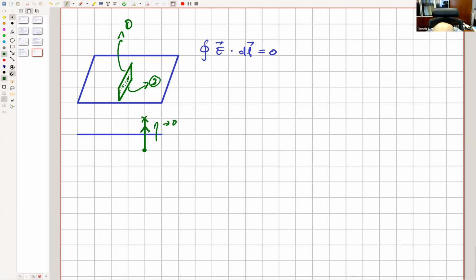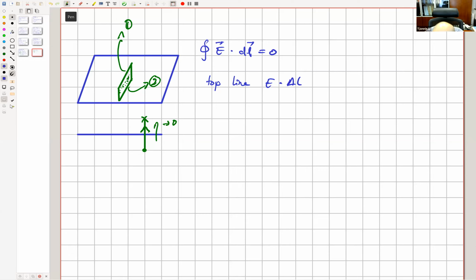I can again consider the top line is just E dotted with some length. So what is E dot that?